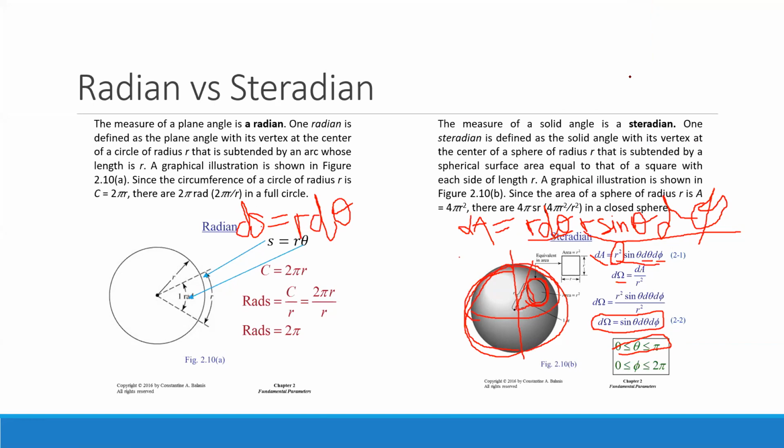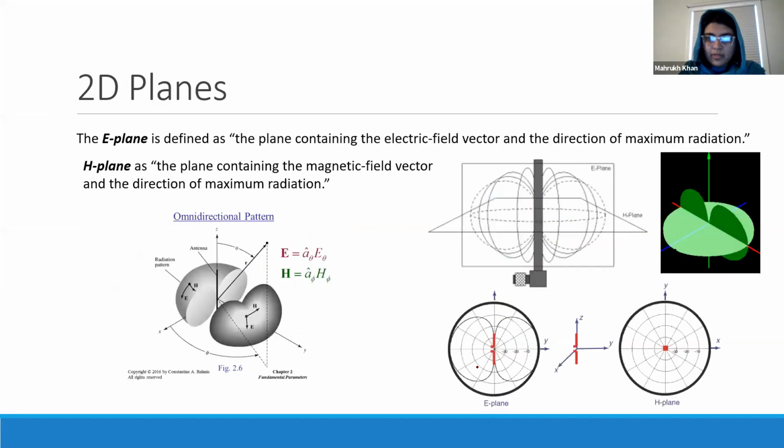A quick question. Can you compare the range for theta to the E plane and the range for phi to the H plane? No, that's good. If you see here, this is your E plane. It's the same as what we are talking about.